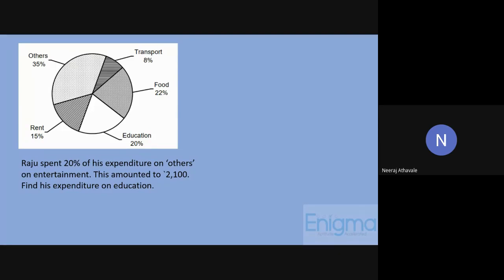Okay, let's see. Okay, correct. The answer would be 6000. Many of you have got the answer. 6,000.